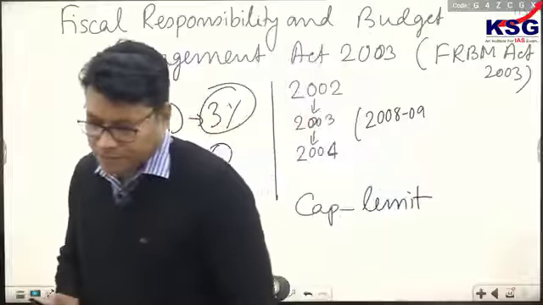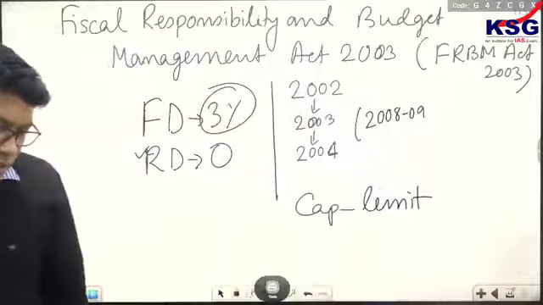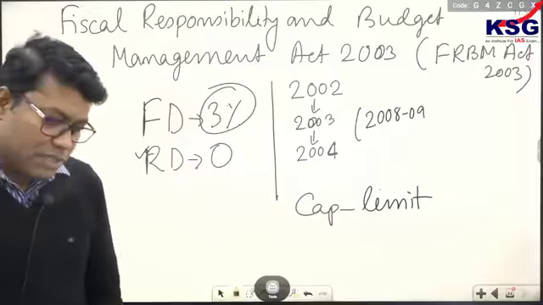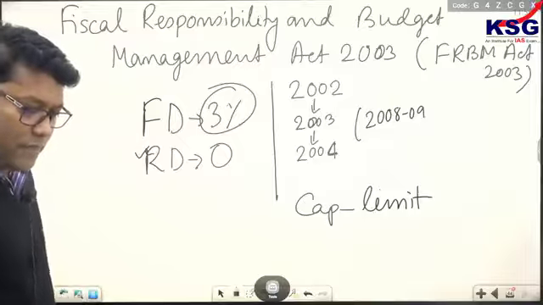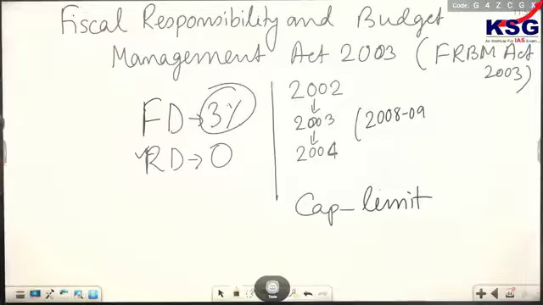Now, next point. This Act prohibited the government from borrowing from the RBI since 1st April 2006.